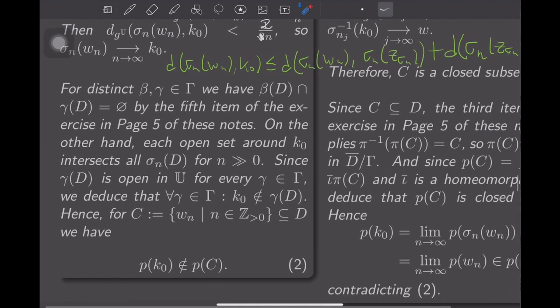But then that contradicts this property, that for beta different from gamma, this is empty. Because it would actually intersect infinitely many. So indeed, k naught isn't in gamma of D no matter which gamma you give me.